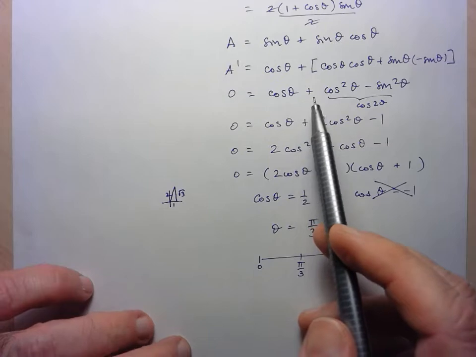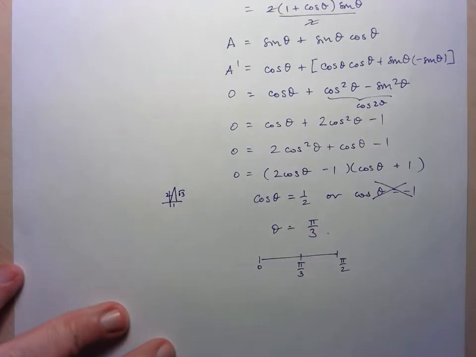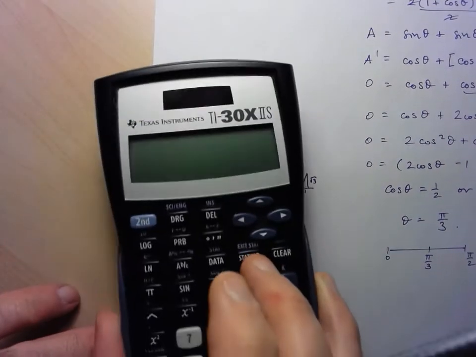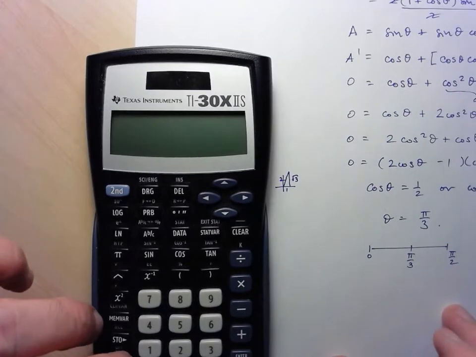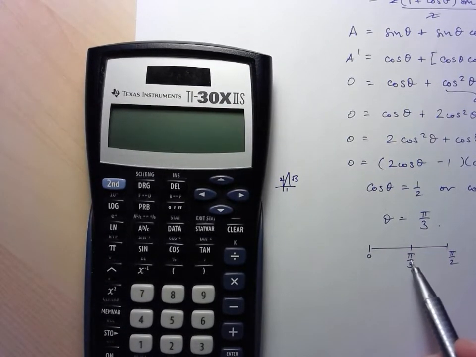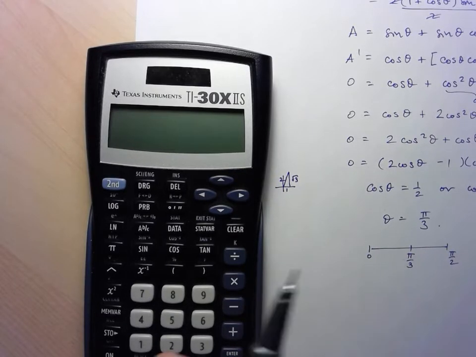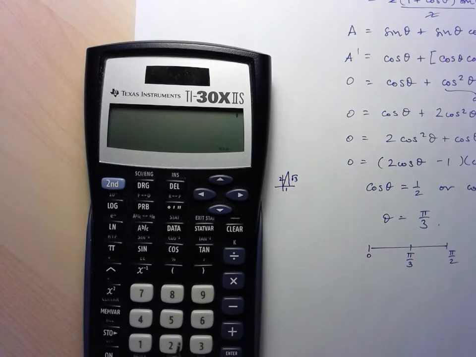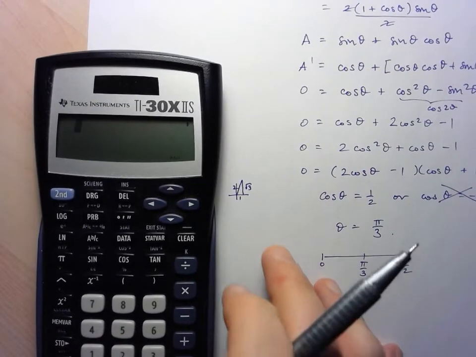I'll use this version here. And you know what? I'm not even going to bother putting in nice values. I'm just going to take my calculator. Pi over 3 is 3.14 divided by 3, so it's a little more than 1, so I'll put 0.5.